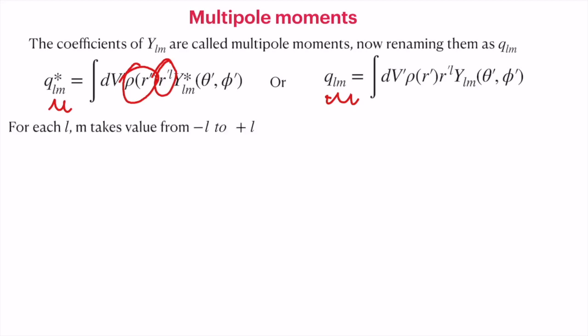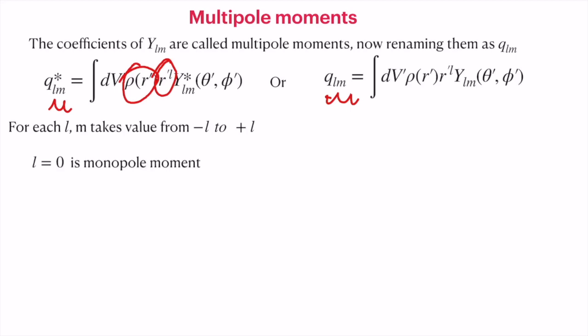L is directly related to r power L, that is, we have seen higher moments should be related to r power n. So for a given L, we have various components of M, which go from minus L to L, that also we have seen in the expansion of spherical harmonics.